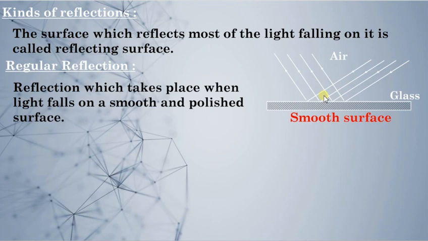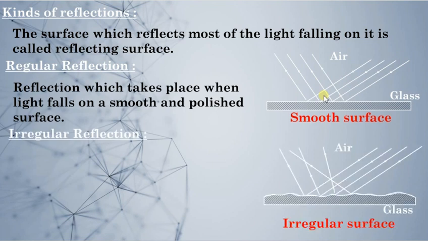How about irregular? Now here you are going to observe an irregular surface in the second figure. Though it is glass, it has an irregular surface. It is going to have the same incident ray as the earlier smooth surface, but see what is happening after reflection. The reflected rays are distorted and moving as they like. The reflection is completely based on the point of incidence.